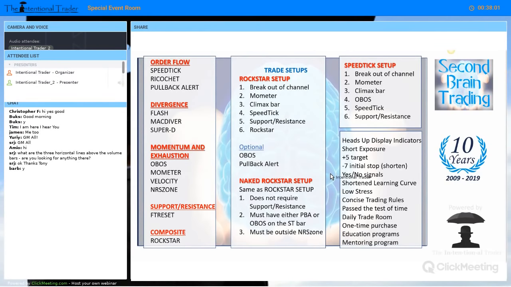The learning curve is much shorter. All right, again, when you have very concise trading rules and signals from the indicators, it takes a lot less time to learn when to enter the trades, the conditions to enter a trade.